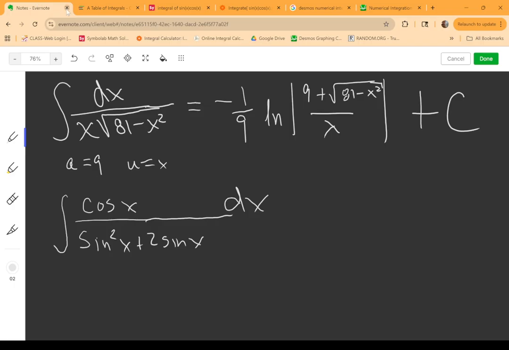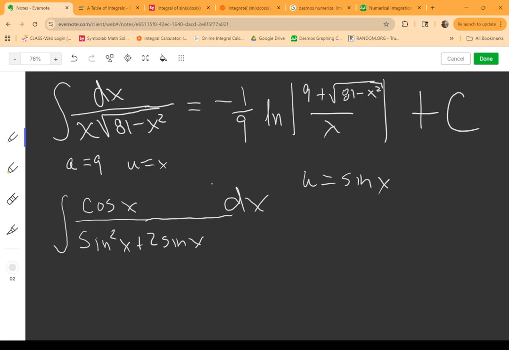And right away, what sticks out here is that the sine is the function that has a lot going on. It's squared, and then there's just a 2 sine x. The cosine is almost there, like it's begging for a u substitution. And I want that u substitution to be sine of x. Why this?